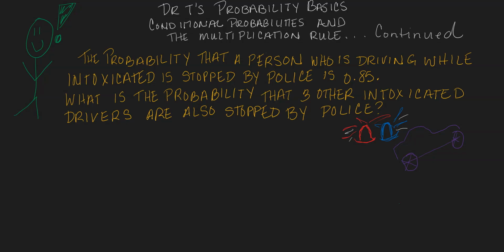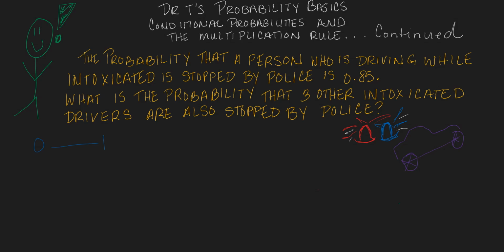Now with this type of problem, I could also figure out what is the probability that none of the 3 drivers get caught. I want you to think back to the beginning of the probability basics, conditional probabilities, and multiplication rule video, the first one, where I discuss what empirical probability is, right? From that range between 0 and 1.